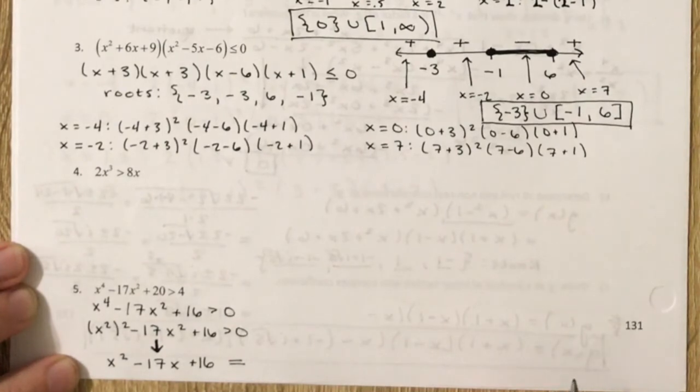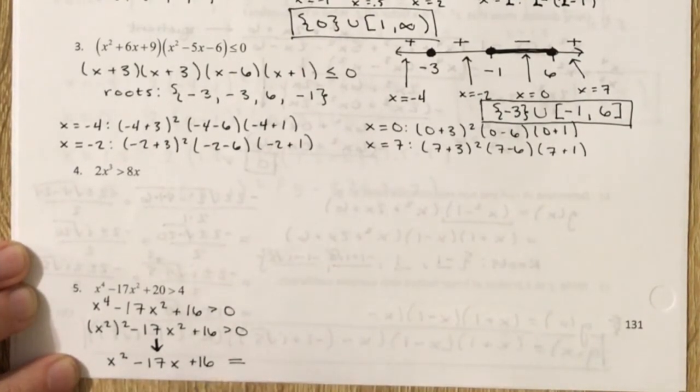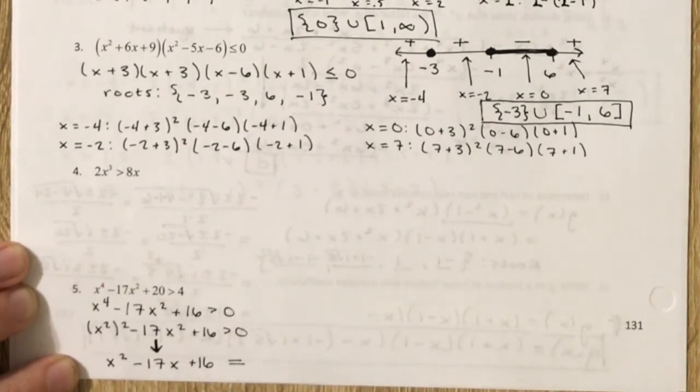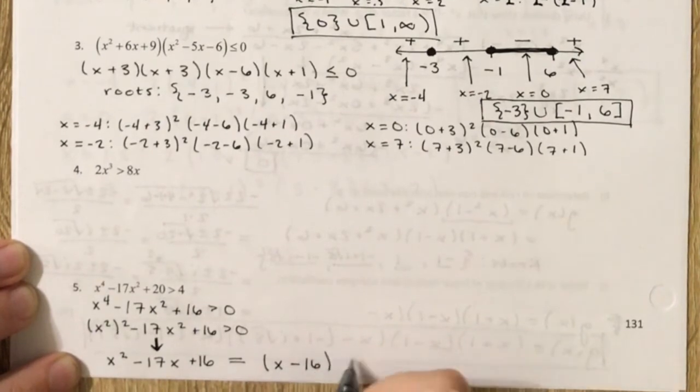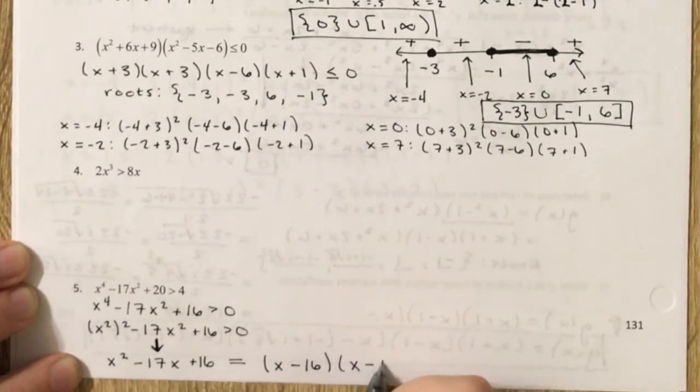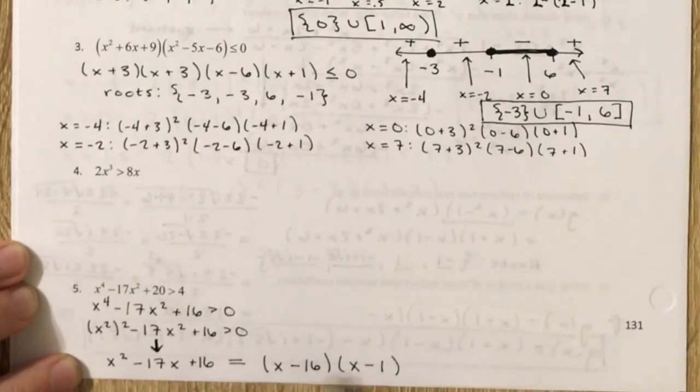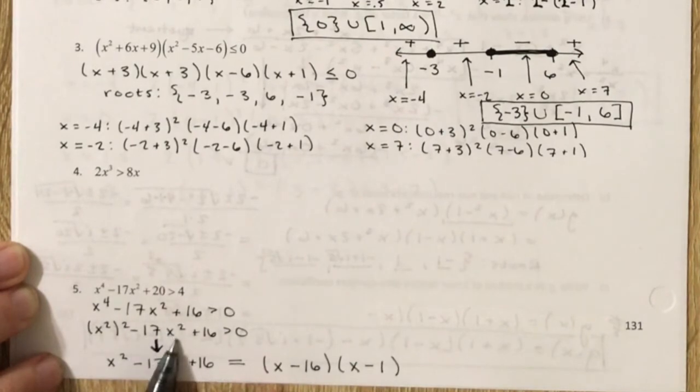Well, something that adds up to negative 17 and multiplies to positive 16 is x minus 16 and x minus 1. Well, if we know we had x squared squared and x squared here, they look exactly the same.